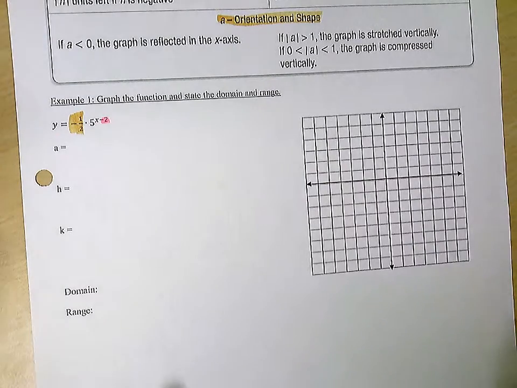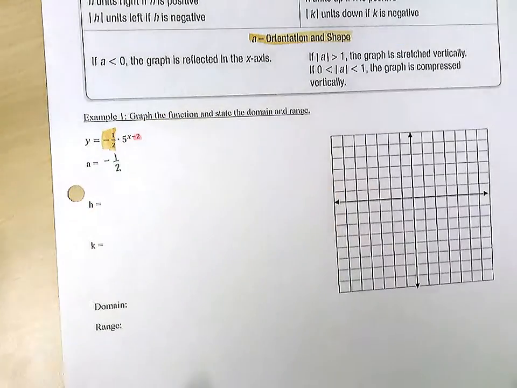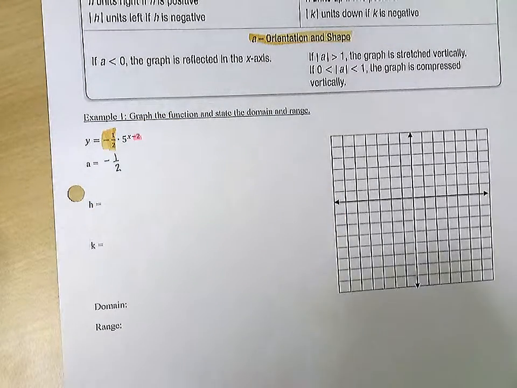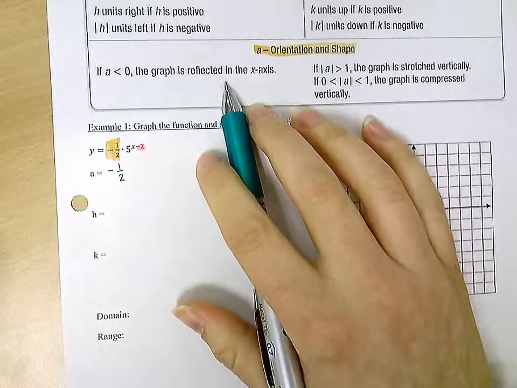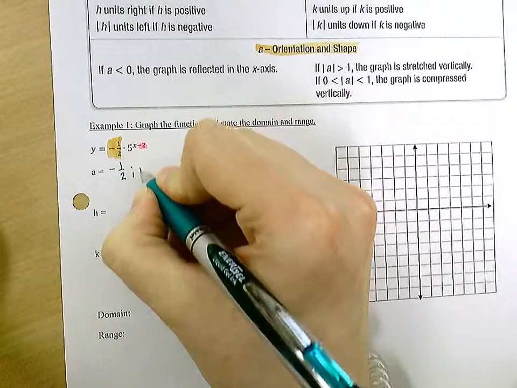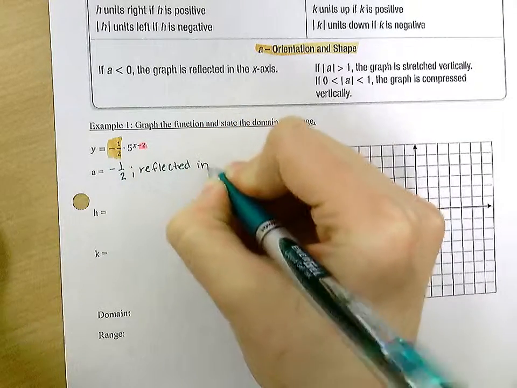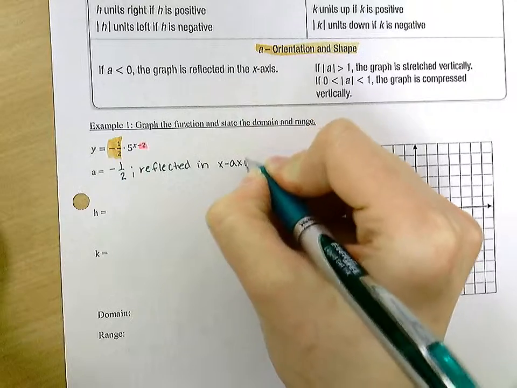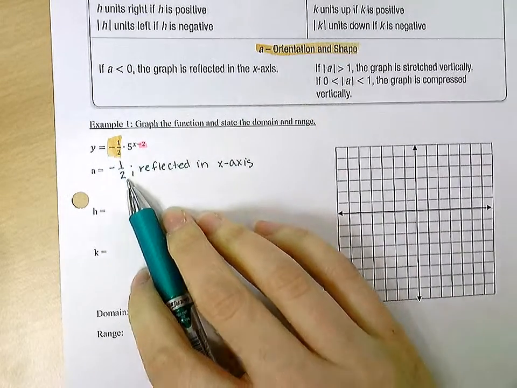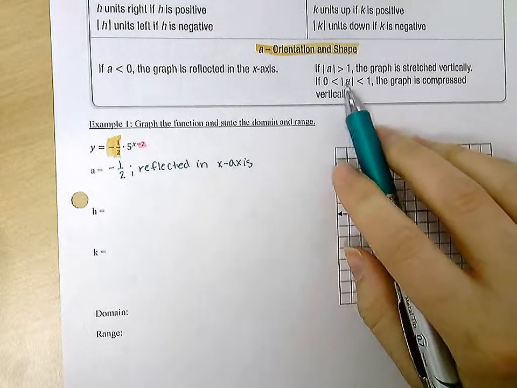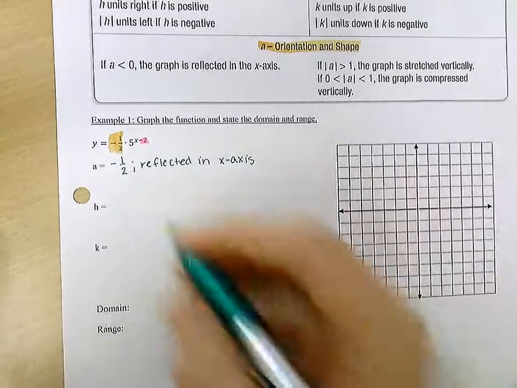So our a value, negative 1/2. Since it is negative, that means it is reflected in the x-axis. It's also a fraction, so it's 1/2. That means it is between 0 and 1, so it will be compressed vertically as well.